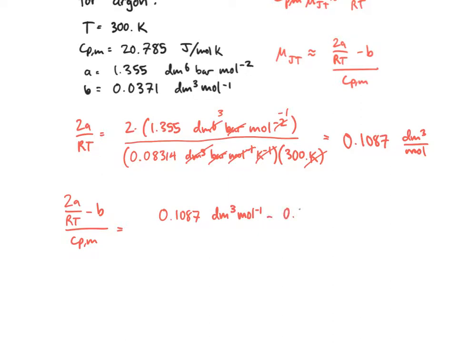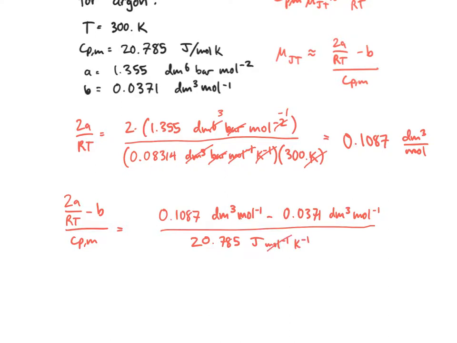Looking up there, it's 0.0371 decimeters cubed, mole to the -1. Then we've got to divide by our CPM, 20.785 joules, mole to the -1, Kelvin to the -1.